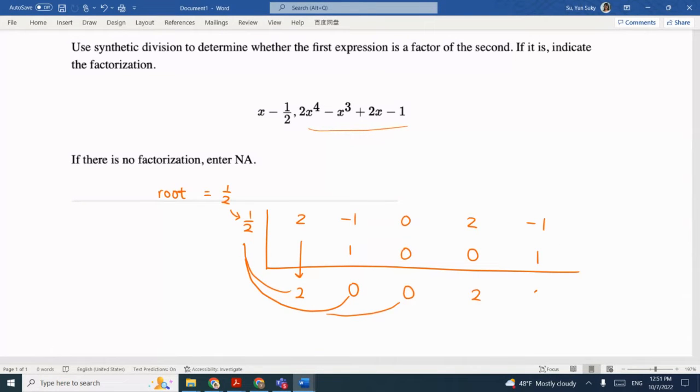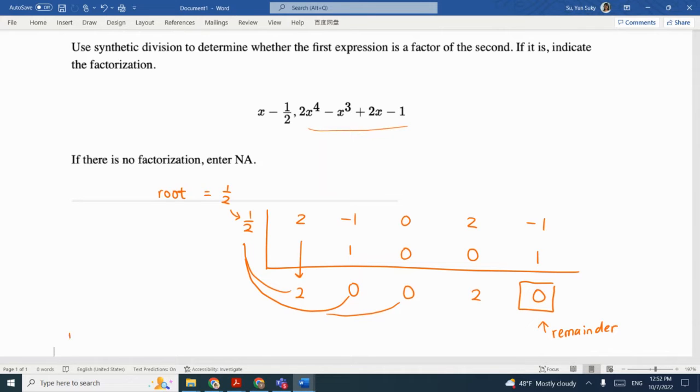When we add those two numbers, we get 0. And this last number is the remainder. If the remainder is 0, that means x minus 1/2 is a factor of the polynomial.